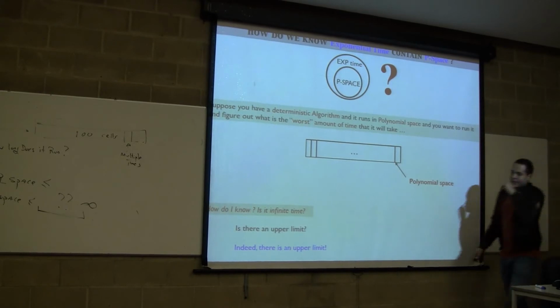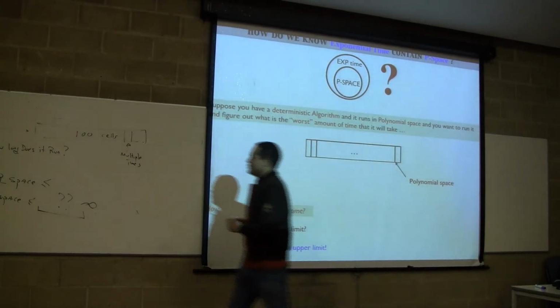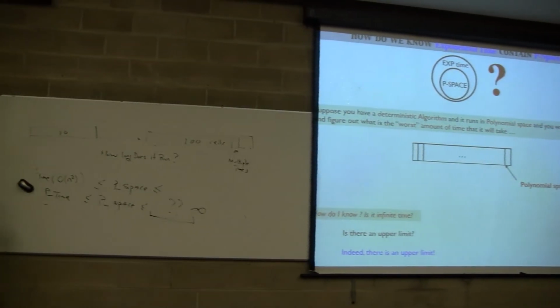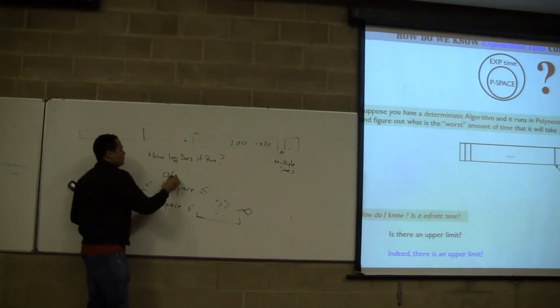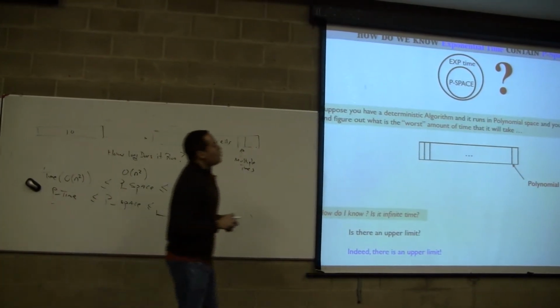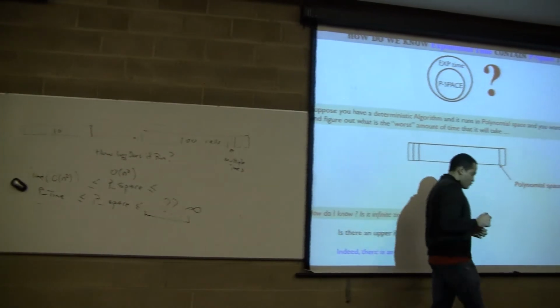So suppose again, back to our P space algorithm, that is O(n squared). And what we want to understand is, what is the maximum time that I can run this algorithm?